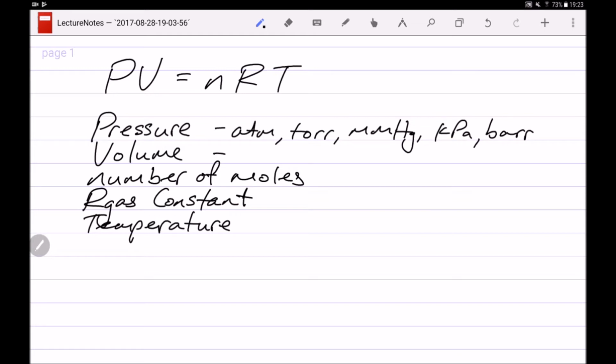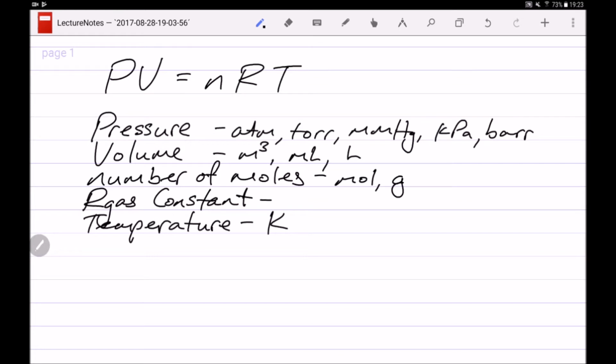Volume can be units of volume, usually some sort of length cubed, but more often milliliters or liters. Number of moles can either be moles, or it could be grams, or possibly atoms, I suppose, but I don't think I've ever seen that. The gas constant is always the same thing. We'll talk about that in a second.